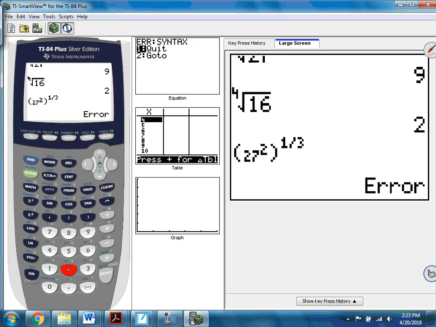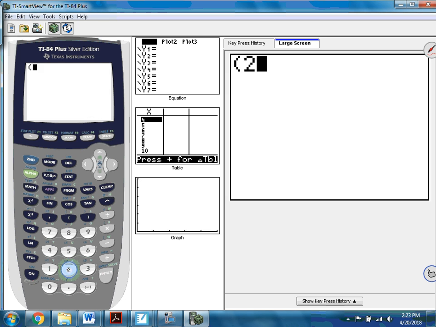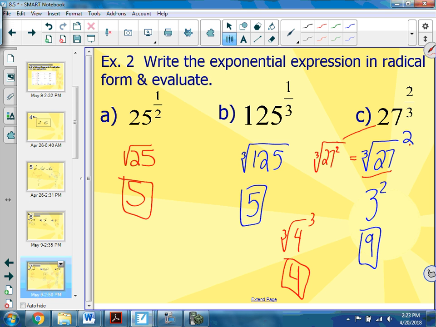It's messed up, let me redo it. To the 1/3 power. And again, I don't need parentheses because this operating system writes it as a power right away. But if your operating system just writes it all in a line, then you need the parentheses. That is the same as taking the cube root. So you don't have to use the math key. You can just use the fractional exponent. So those are fun.